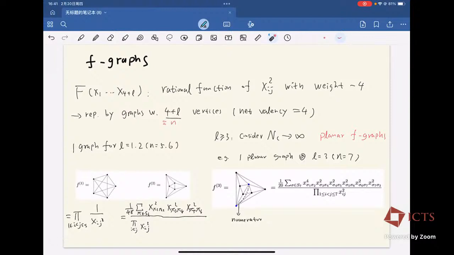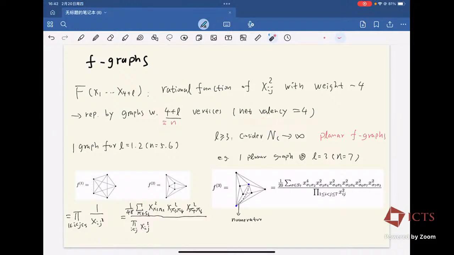And for the external ones, you just normalize them to have weight minus 4. So you can represent this rational function by a graph with n vertices, where n will be 4 plus L. If you take really all the points to be light-like, it will give you the n-point amplitude squared. So throughout the talk, n is really 4 plus L. So it will be a graph with 4 plus L vertices and with valency 4.